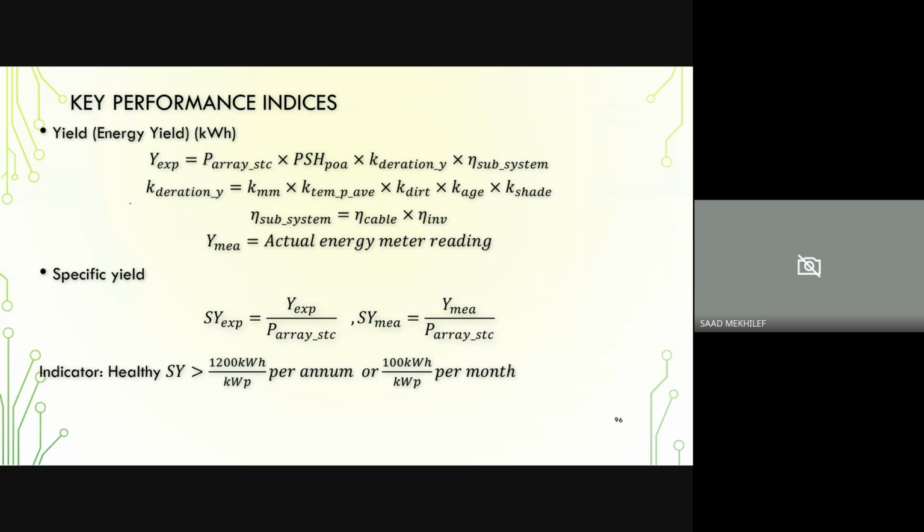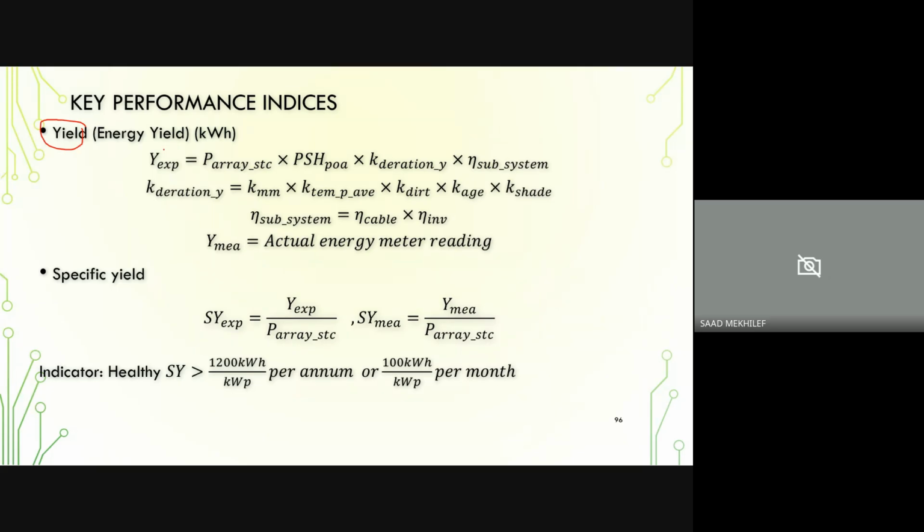Also one of the topics in this lecture is the key performance indicators. How we measure the performance indicators of a system, especially I'm talking about PV systems. We always use what we call the yield for the calculations.